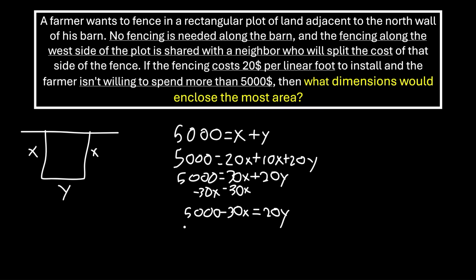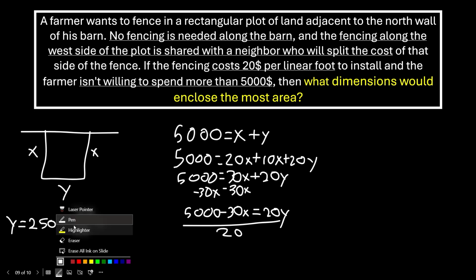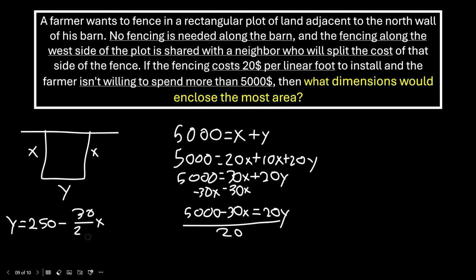Then we divide both sides by 20, and y should equal 250 minus 30 over 20x, which simplifies to 3 over 2x.